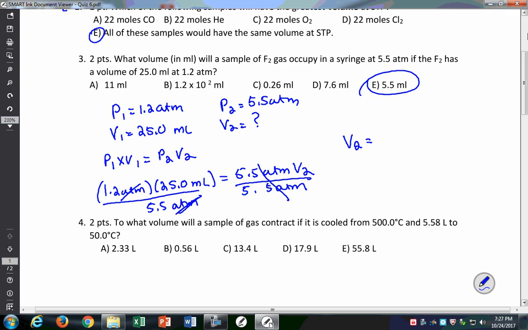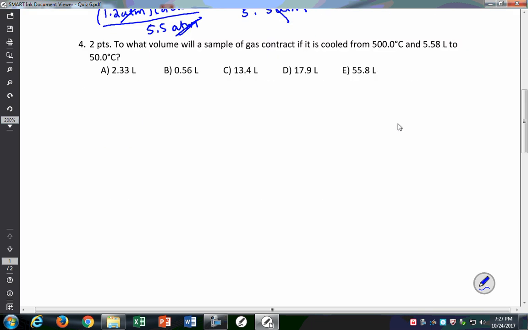Okay, the next one is actually Charles' law. We're looking at what volume a sample of gas will contract. Hey, it already told you the volume is less. It said contract. We know contract means less. If it is cooled from 500 degrees Celsius to 50 degrees Celsius, and we knew its original liters.